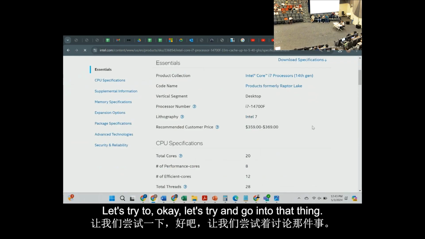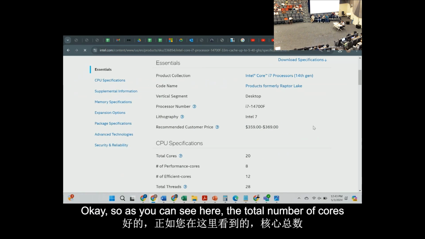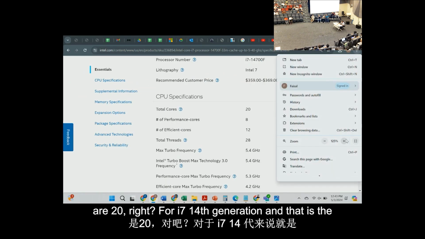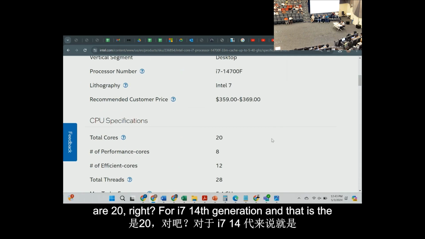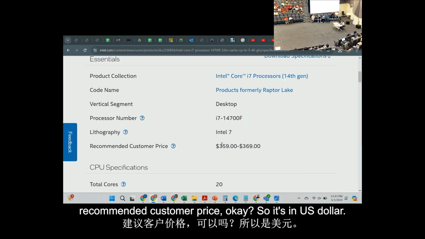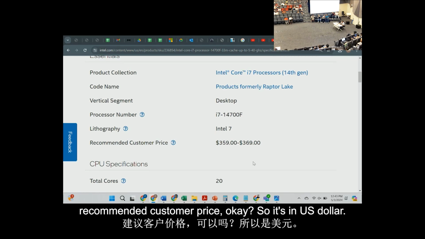As you can see here, the total number of cores is 20 for the i7 14th generation, and that is the recommended customer price, in US dollars.